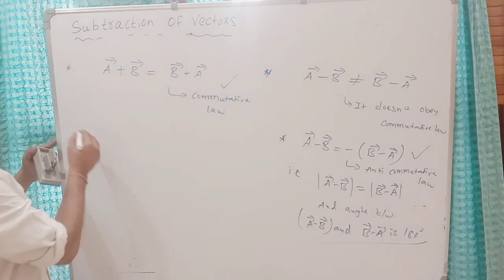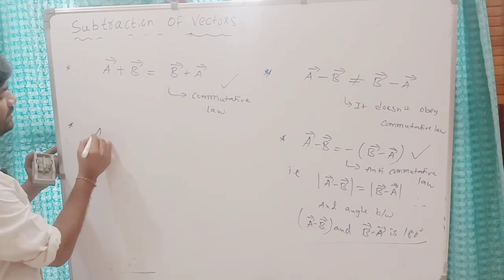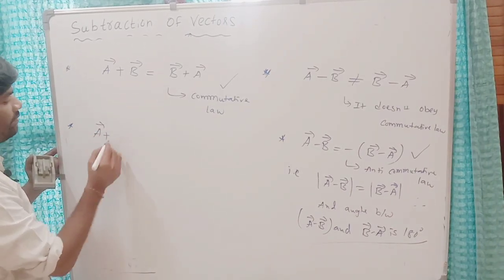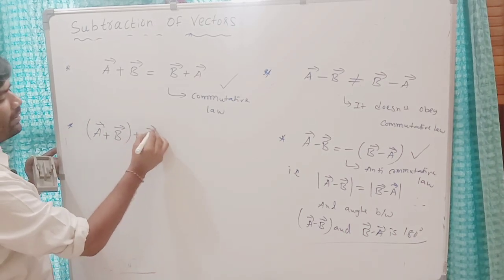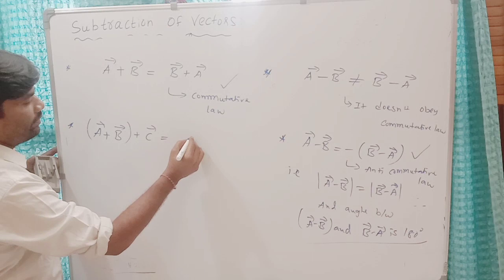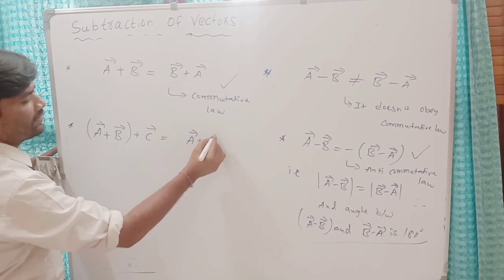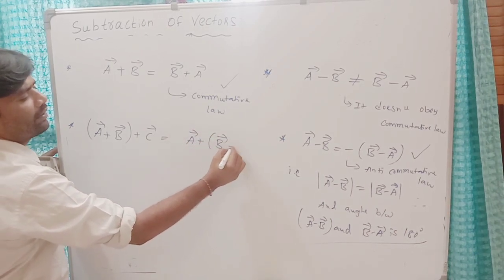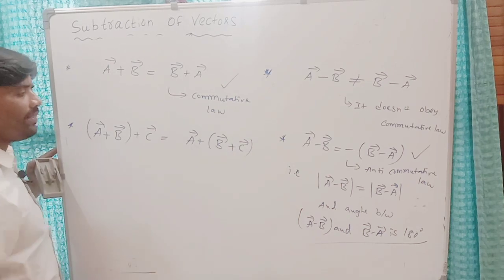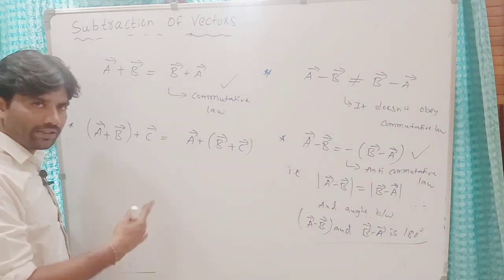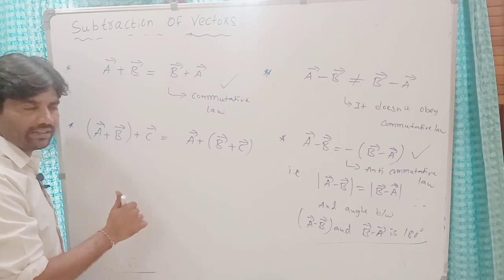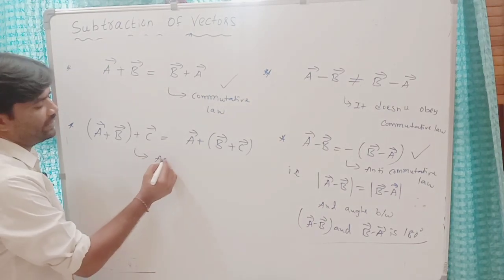Clear? But vector addition obeys the associative law. A bar plus b bar plus c bar is equal to a bar plus of b bar plus c bar. You can add the vectors in any order. Irrespective of the order of addition, you will get the same result. It obeys the associative law.